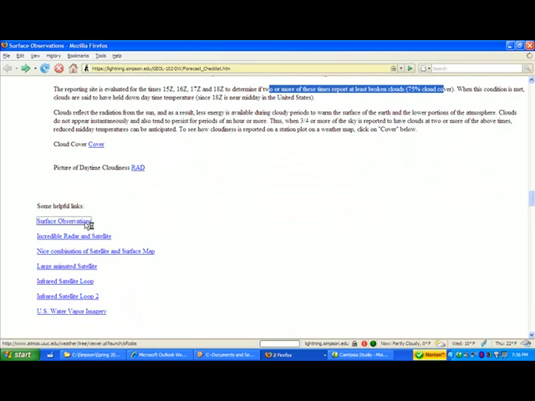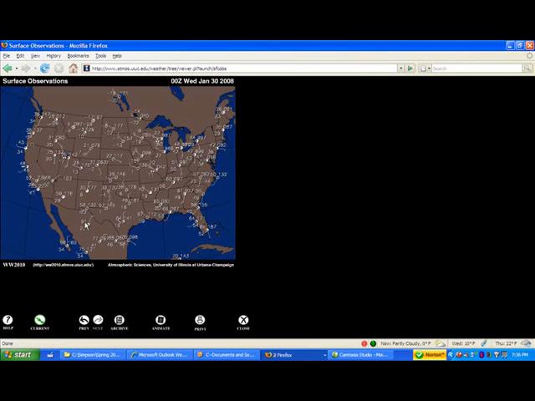But one of the first links you can look at is surface observations. This is from University of Illinois, and this particular one was from 0Z Wednesday, which would be 6 p.m. Tuesday evening. If I look over Des Moines, there's quarter cloud cover.